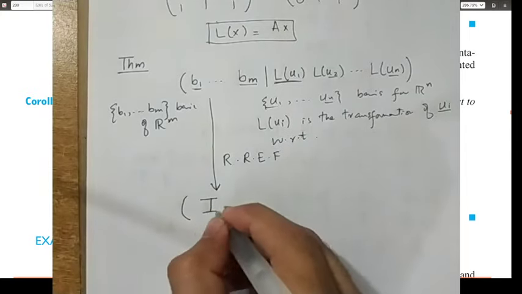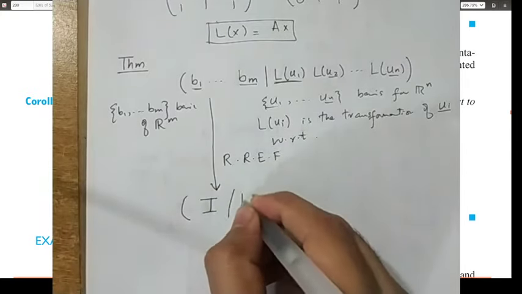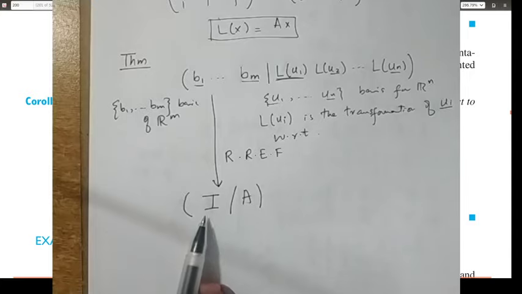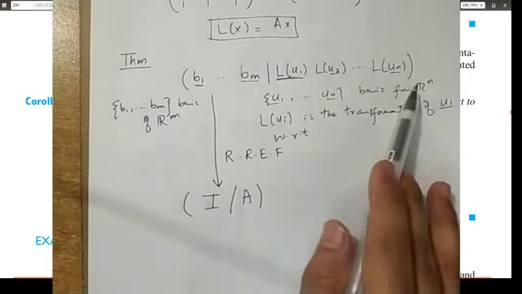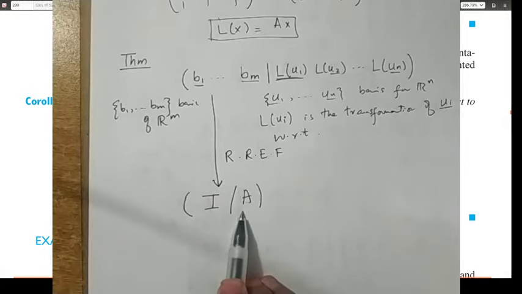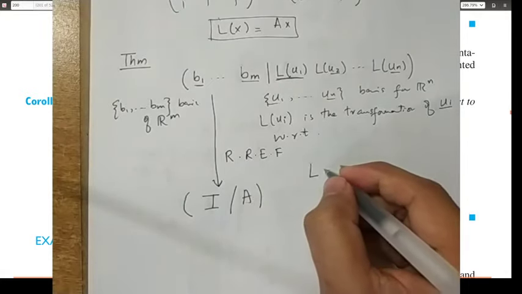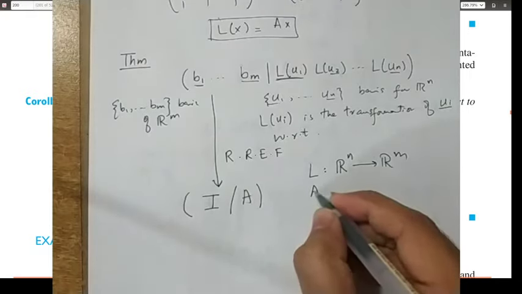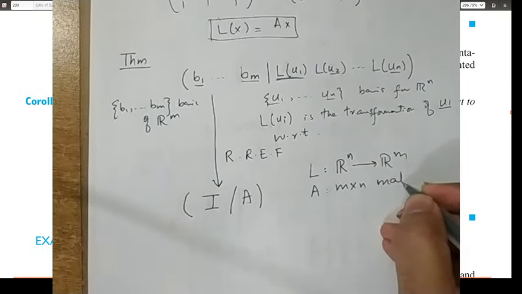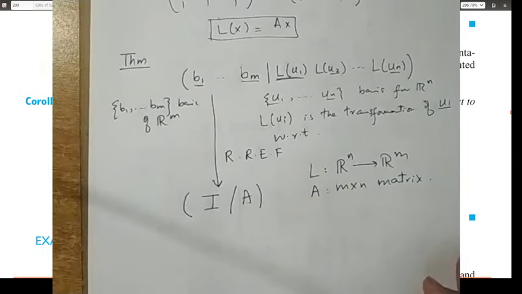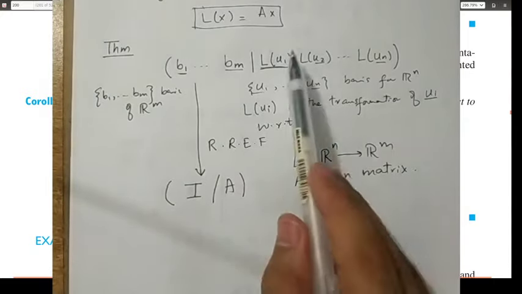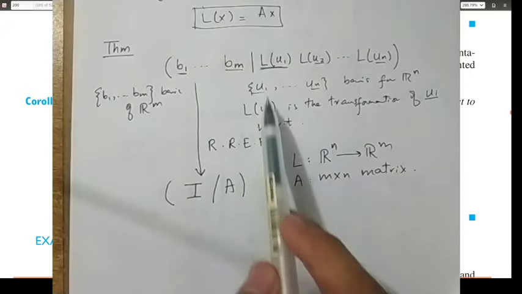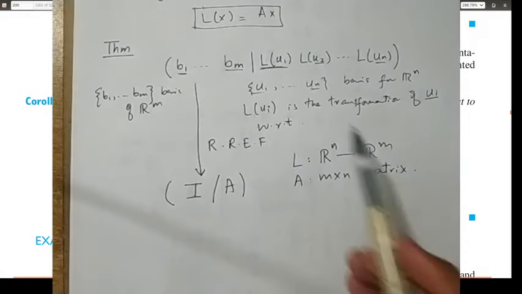Then this gets transformed into I augmented with A. So the first m columns will give you the identity matrix, and the next n columns will just give you the matrix A, where L is a transformation from Rn to Rm, and therefore A is an m by n matrix, which is easy to see because you have n columns, because you have Lu1 up until Lun, and each of these transformations will lie in Rm, so they will have m rows.